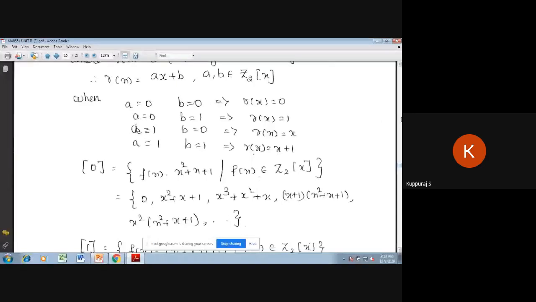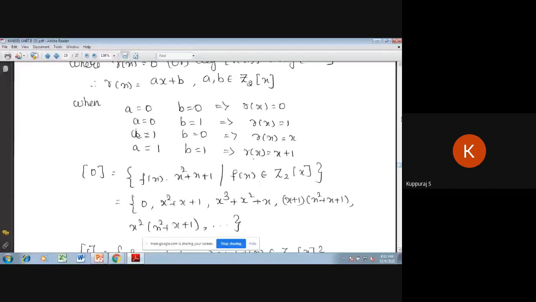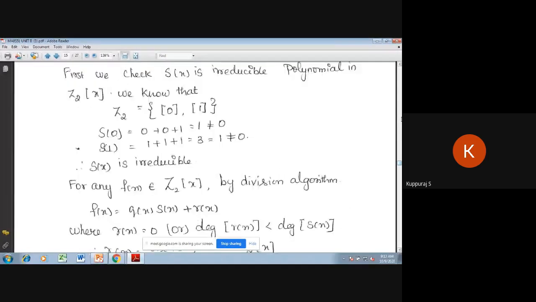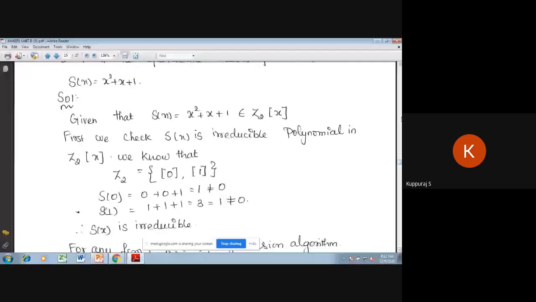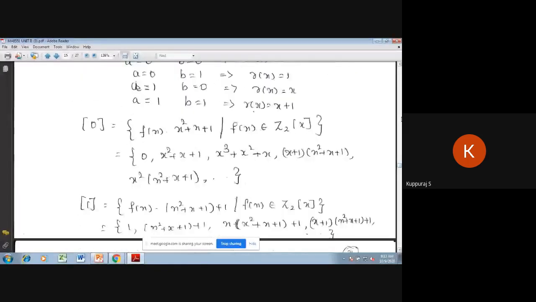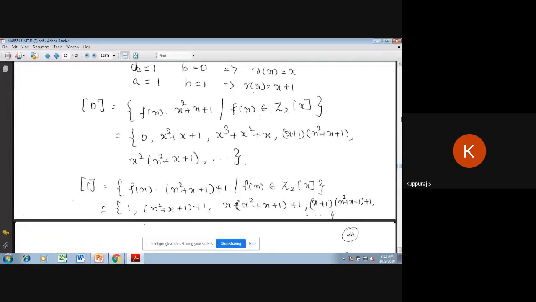Next, the class 0. The class 0 can be written as f of x into the given polynomial, x square plus x plus 1, that is s of x, such that f of x belongs to Z2 of x.